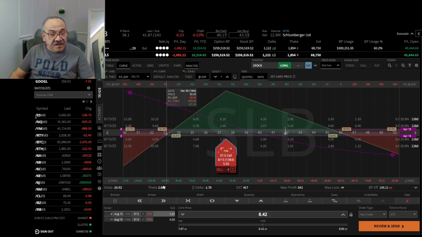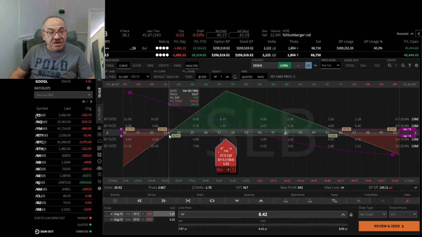You can see it has a negative delta because we open it below where the stock is trading right now, and this is exactly how we would like to set it up to control this area. If SLB continues to go down, we will roll our shorter term but slowly make profit from the long-term structure.